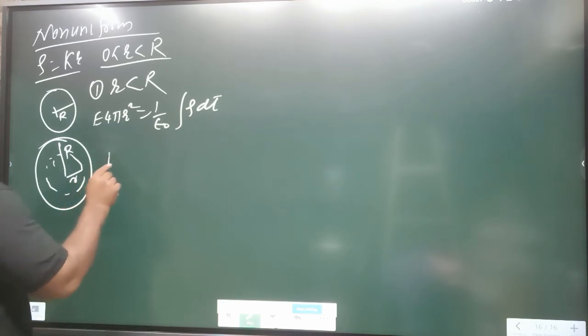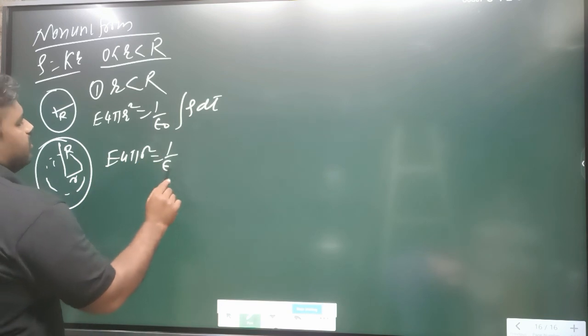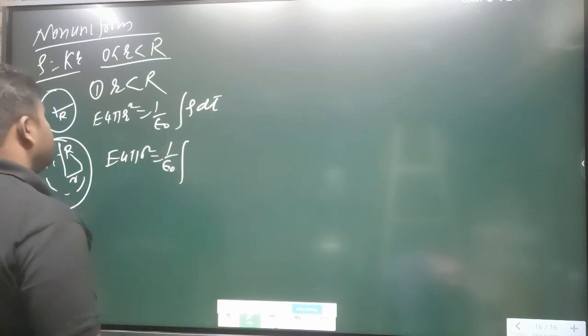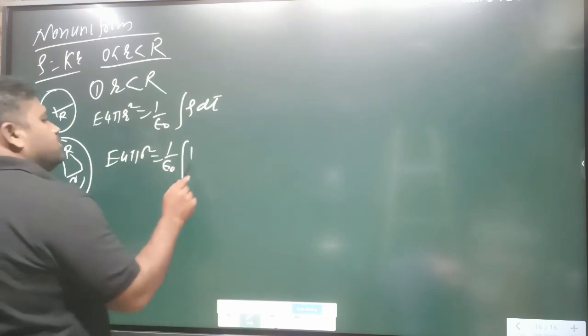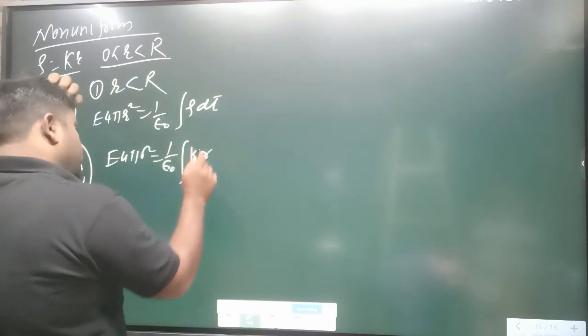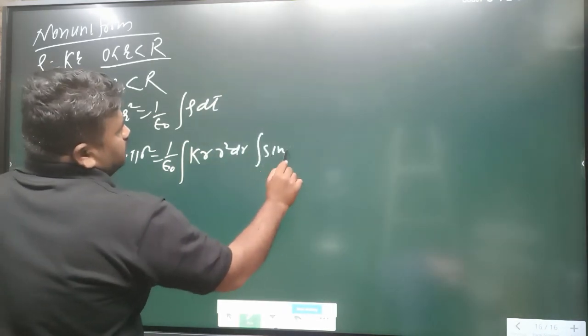E 4 pi r square is equal to 1 by epsilon naught integration of rho dV. Rho is equal to kr, and dV is r square dr sin theta d theta d phi.